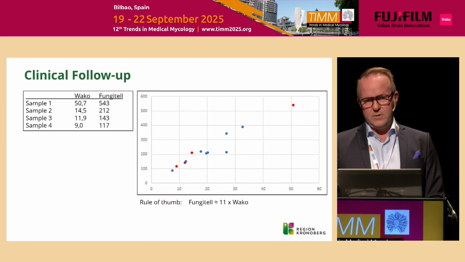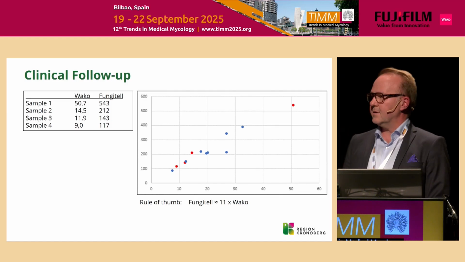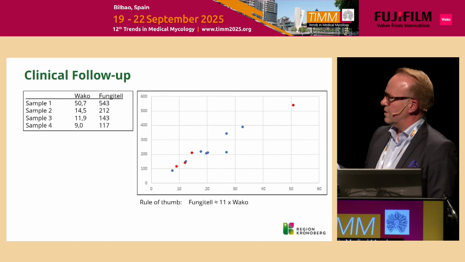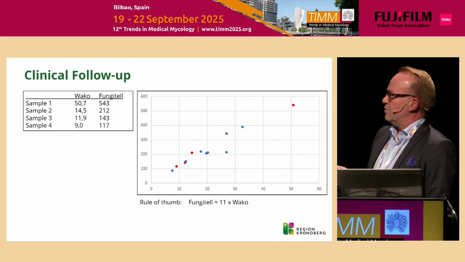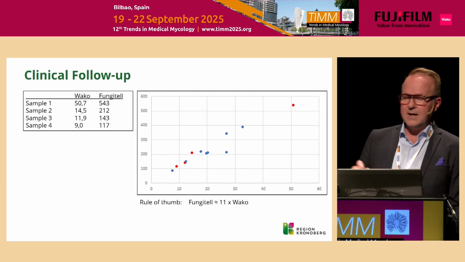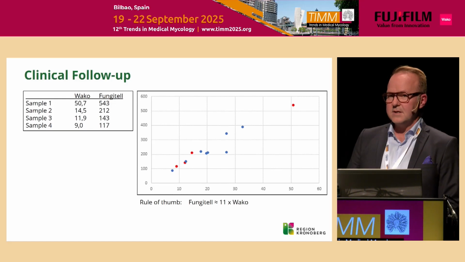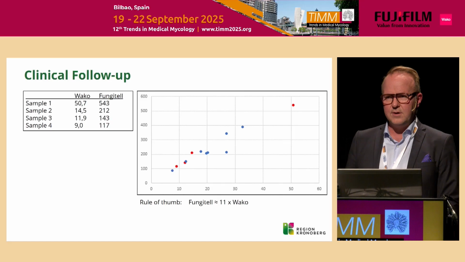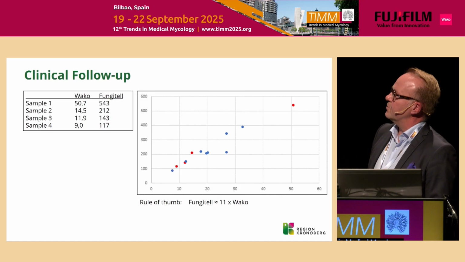One of them, the one with old archived serum samples, found a correlation of 21 times higher. I think the Leuven paper was 18 times higher, so I don't really know why we only have this factor, but this was something the ID physicians at least could use for a transitional period to get used to the new assay, the new way of reporting results.